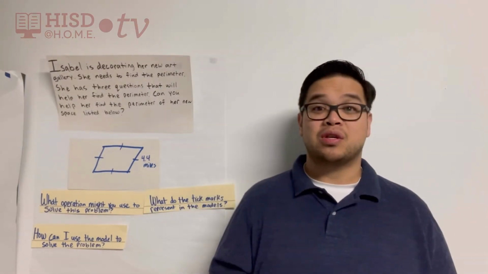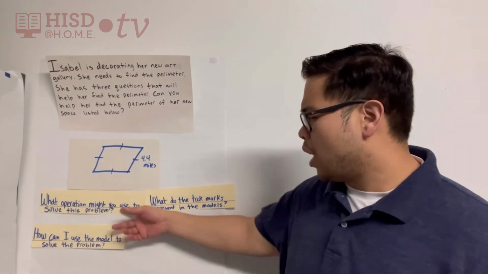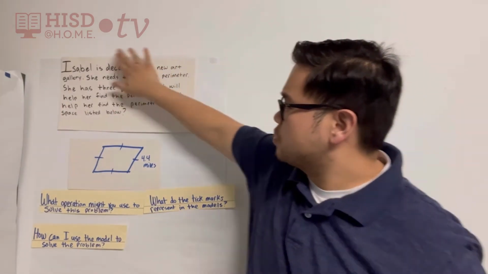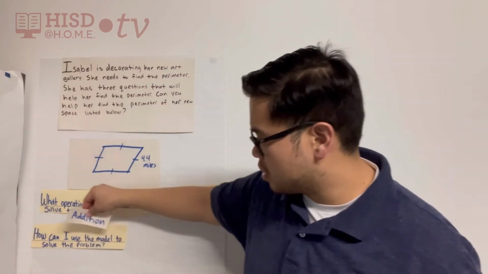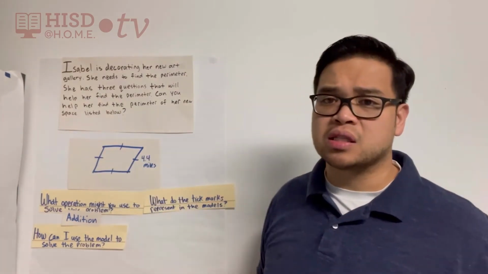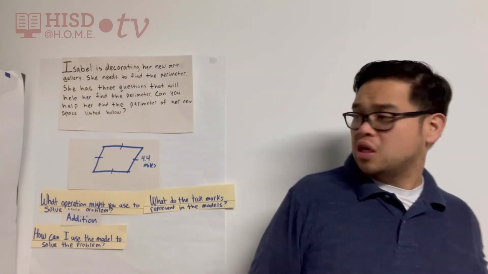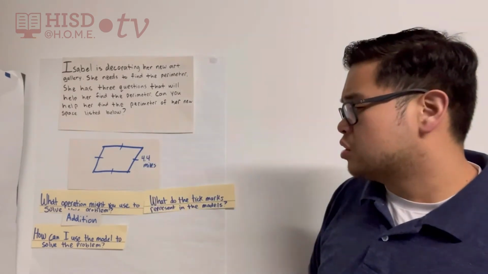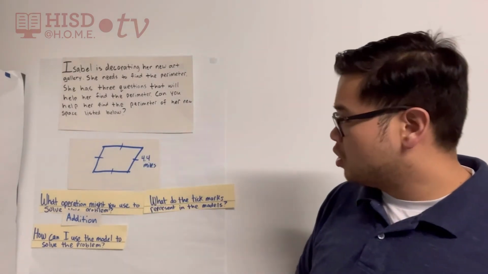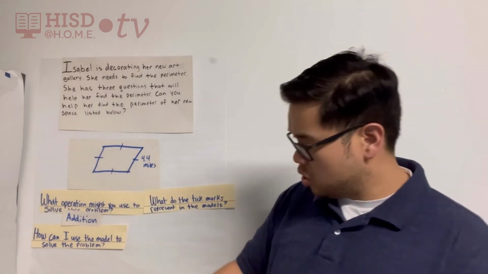So by now you should have written this in your journal, and now let's go ahead and discuss this. So what operation did you realize that we might use? If you said addition, you're correct. Why? Because when we're finding the perimeter, we're adding all the sides of the shape. The second question, how can I use this model to solve the problem? Well, this model lets us know that all sides are equal.